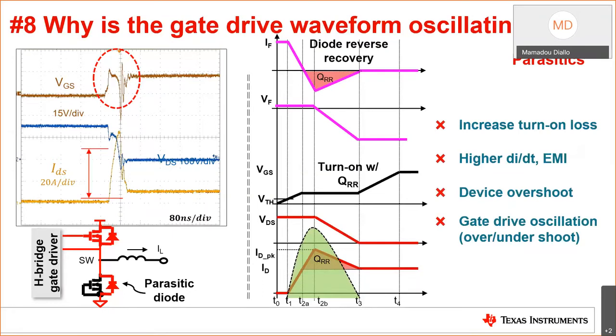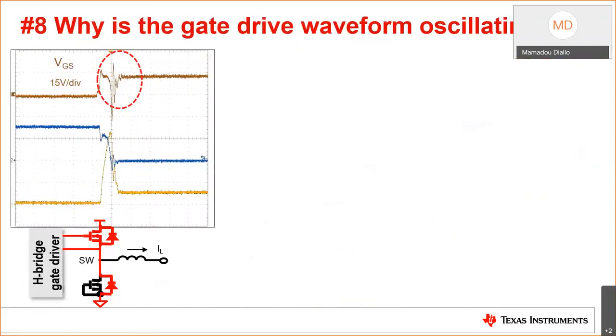So a quick way to address this is really implementing ZVS, or zero voltage switching, to prevent conduction losses on the body diode.